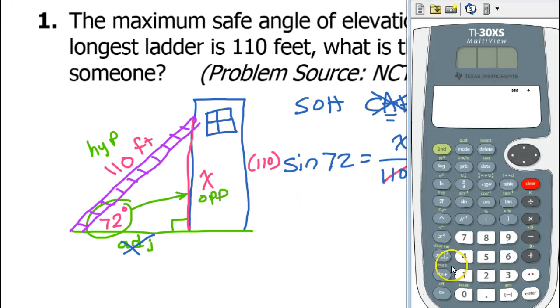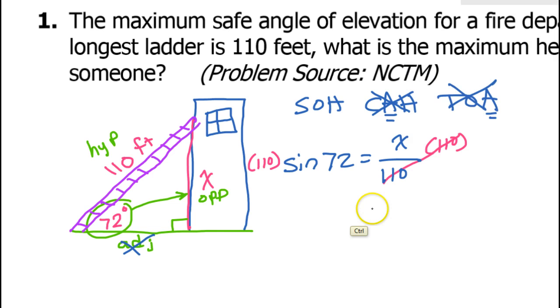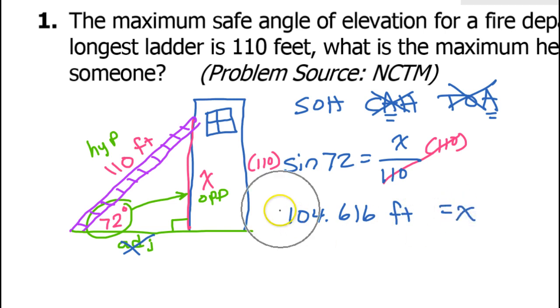So we'll just type 110 sine 72. Okay, so that's 104.616. So that will be the answer to problem number 1.